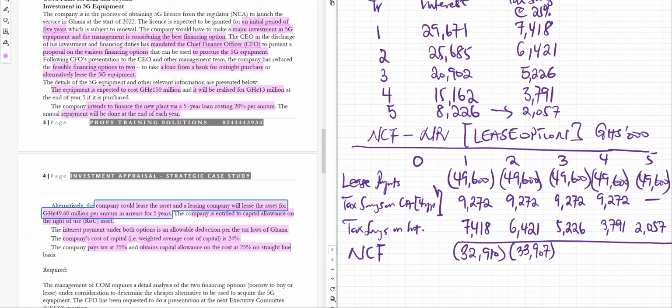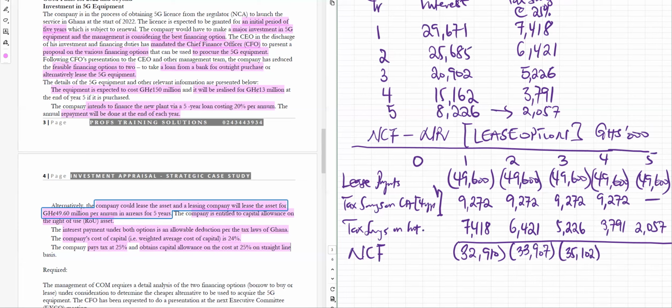So we have negative 49,600 again, plus 9,272 plus 5,226, and that gives us negative 35,102.